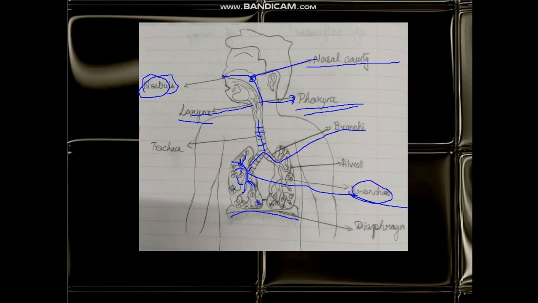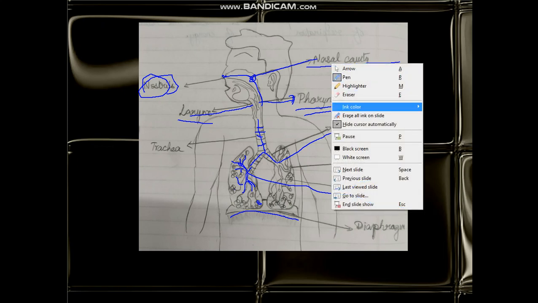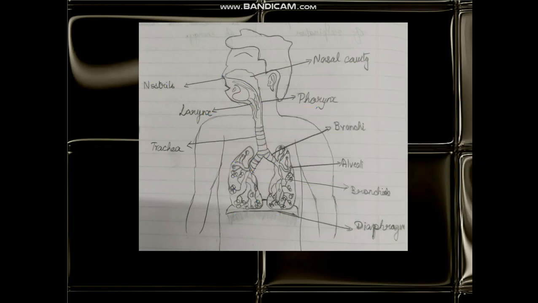Just for information, the right lung is a bit larger than the left one. For us, this is the right side and this is the left. But if we see this human body, then this is the right side and this is the left side.